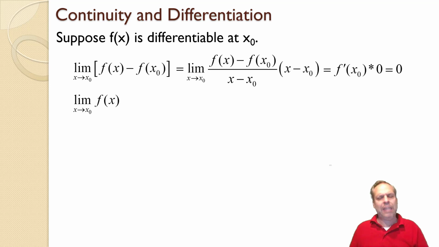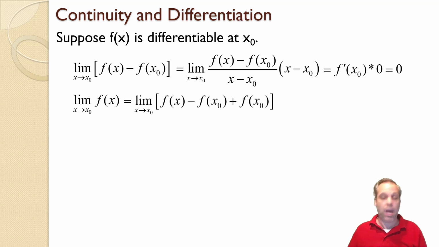So, again, being clever, define the limit of f of x as x approaches x0. That's the same as doing this limit. I'm just adding and subtracting the exact same constant, which I know must exist because the function is differentiable. And in the definition of differentiability, you have to have f of x0. So then that would become a limit of a sum.